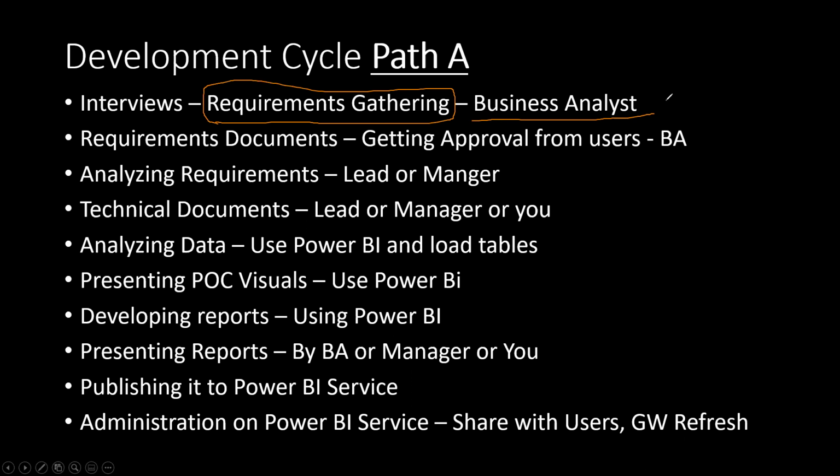Based on this, we will have a BRD created, which is called the business requirement document. Then we have to get approval from the business user. The key reason we need approval from the business users is that you'll be listing all the work that needs to be done, and sometimes the business analyst or the BI developers may not capture the requirements properly, so there will be improvements in the document.